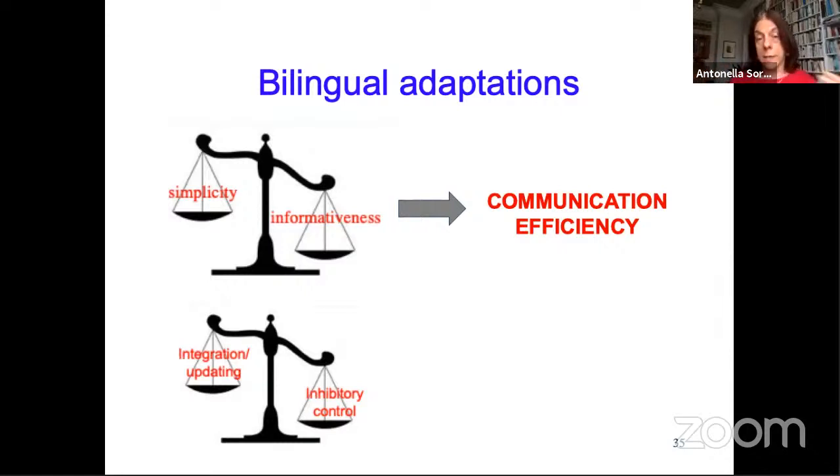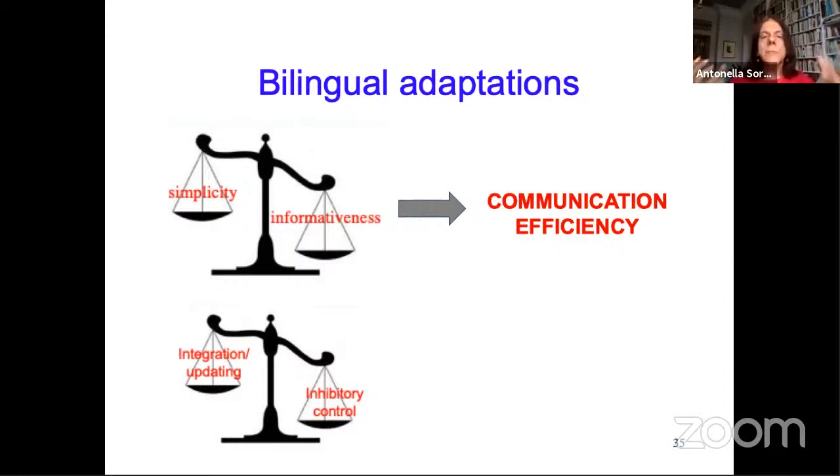Sometimes bilinguals are good at doing that, sometimes they are not. When they're less efficient, they stick in a pronoun, going in the direction of being more redundant rather than ambiguous. And they don't misuse null pronouns. They just stick in a pronoun. So again, from a cognitive point of view, but this needs to be explored, this can be seen as a trade-off between applying a lot of inhibition to the language that you don't want to use and integration.